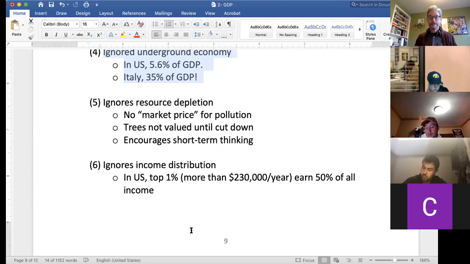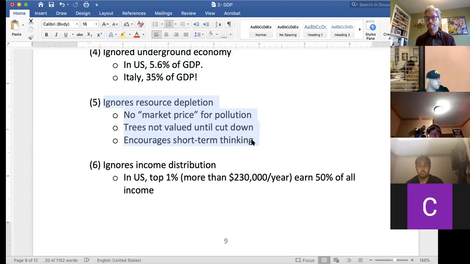GDP ignores resource depletion. If a bunch of trees are just sitting around in a wood, what are they contributing to GDP? Nothing. What happens if you go and cut down those trees? Now you're contributing to GDP, right? And so many people have criticized GDP because it really encourages short-term thinking.